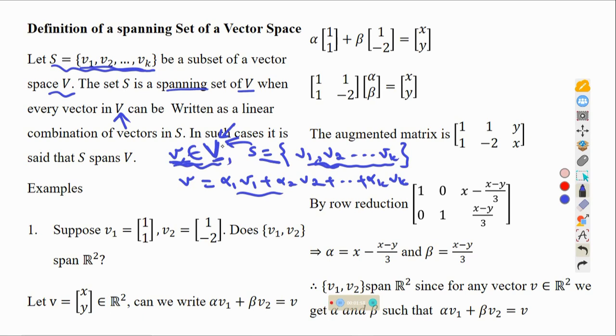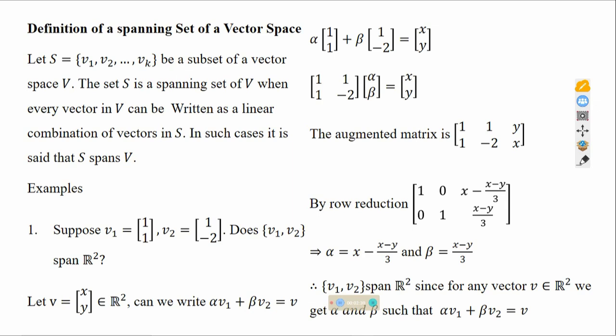So in other words, every vector from this V must be written as a linear combination of the vectors in this set S. If that can be achieved, then we shall say that this set spans a vector space V, or S is a spanning set of V. Let us look at some few examples so we can see how best that one works.